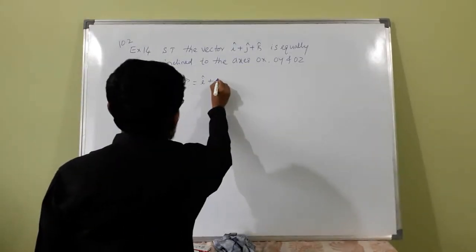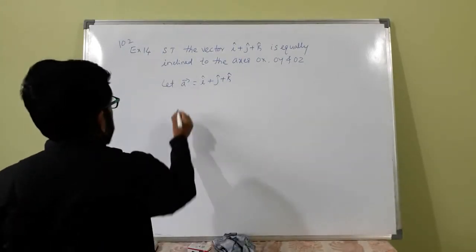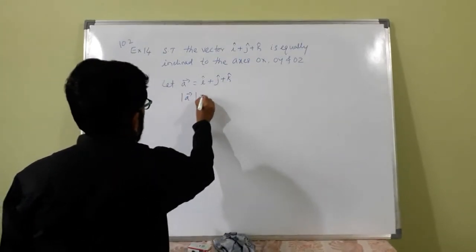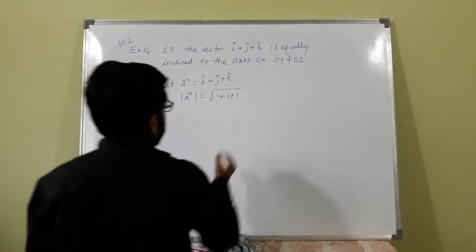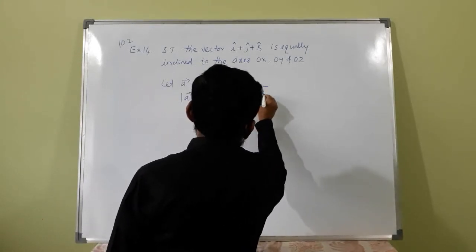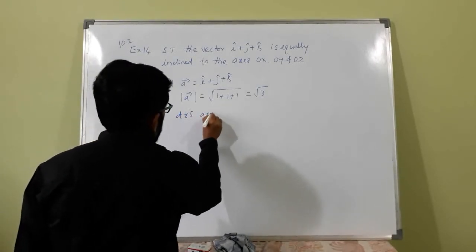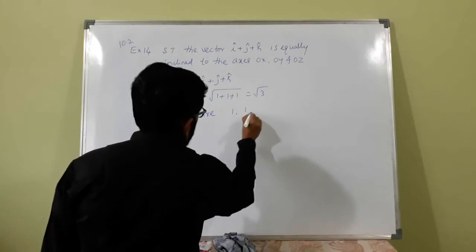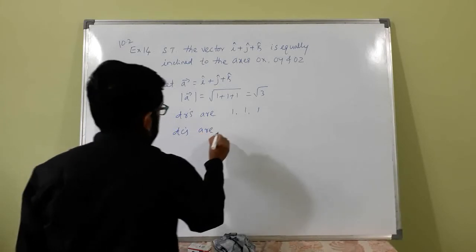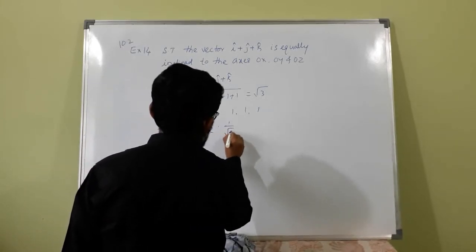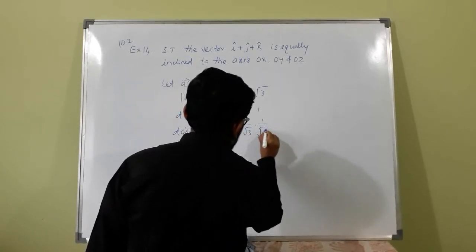Magnitude of A is root of 1 plus 1 plus 1, that is root 3. Okay. Direction ratios are 1, 1, 1. Direction cosines are 1 by root 3, 1 by root 3, 1 by root 3.